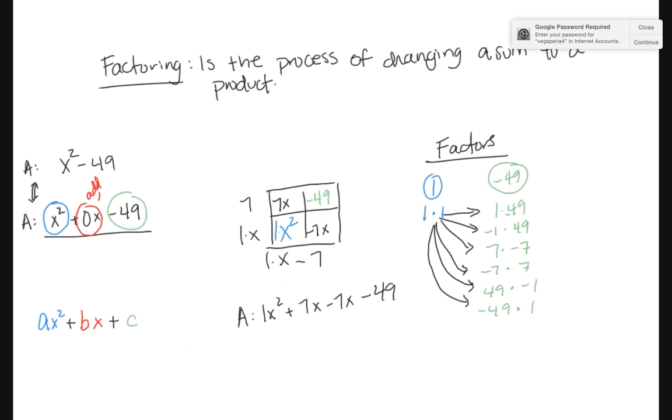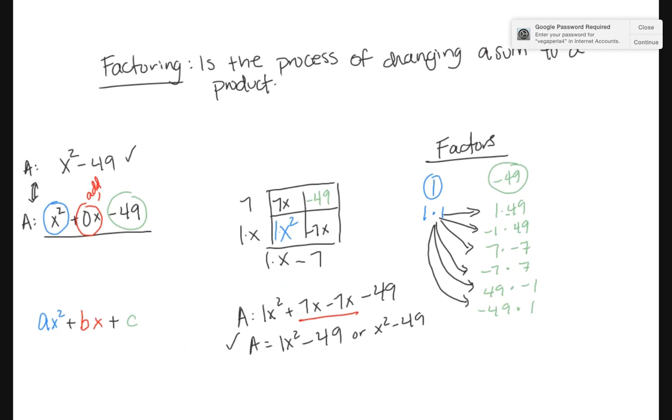We combine like terms and we get area equals 1x squared minus 49, or x squared minus 49, same thing. So there you go. We have our area as a sum, which is the same as that one right there.